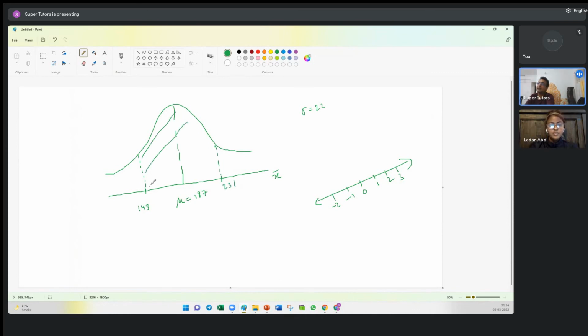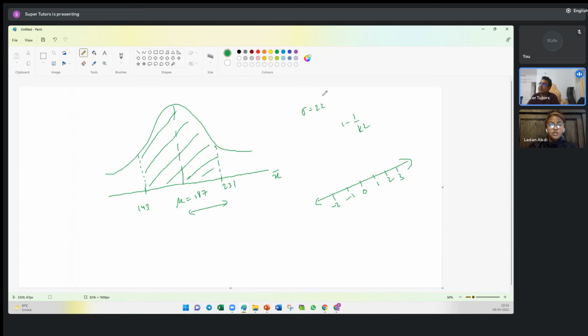So you have to find what is the minimum value of the ratio of this green area to the total area under the curve. So basically, I have to find 1 minus 1 by k square. So for that, I need k. This point is 187 and this point is 231. So how many standard deviations am I going ahead?